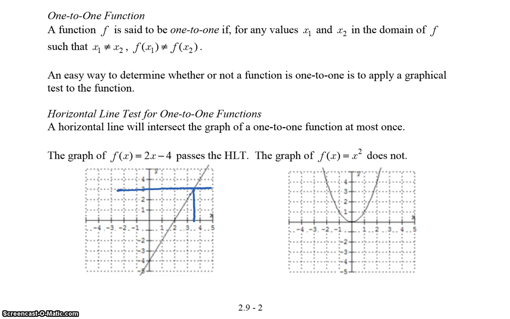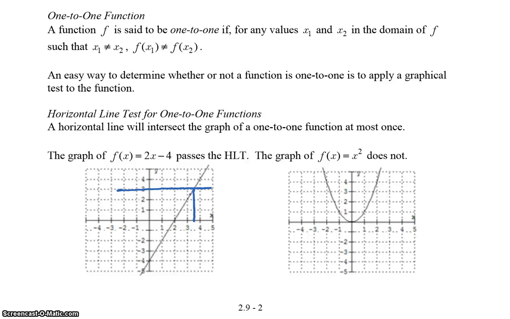Notice for all the different x values, we always get different y values. There are no repetitions of y values for different values of x. So if a function is one-to-one, we can check and see that its graph will pass the horizontal line test.